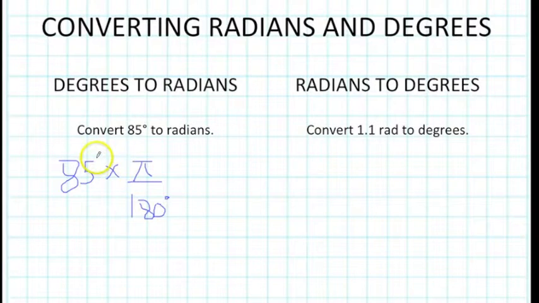So that equals 85 times pi over 180. That's about 1.48 radians.